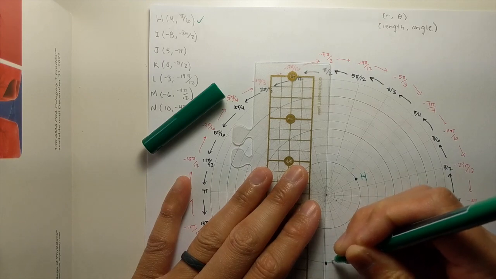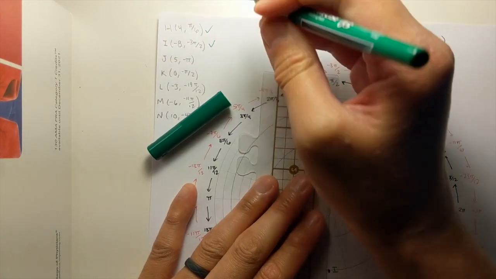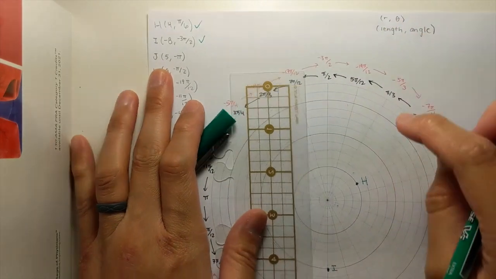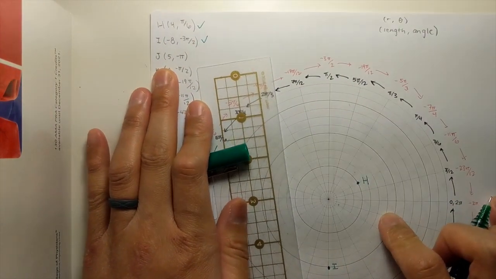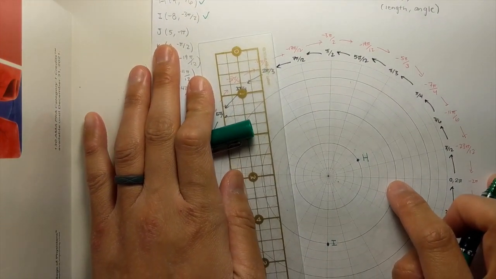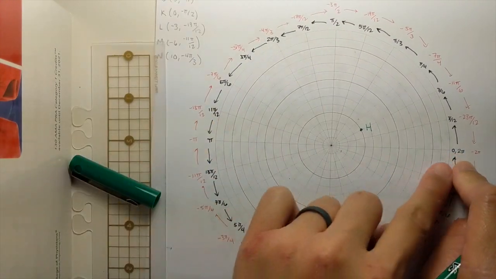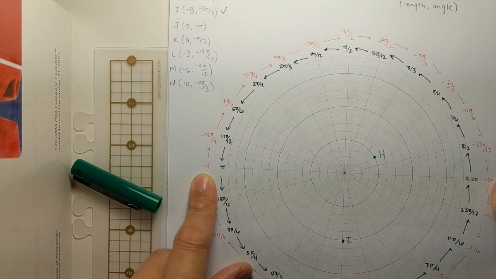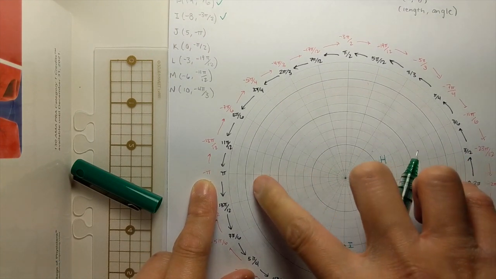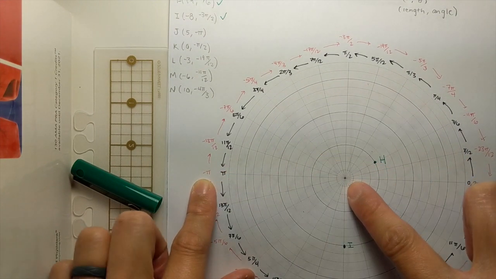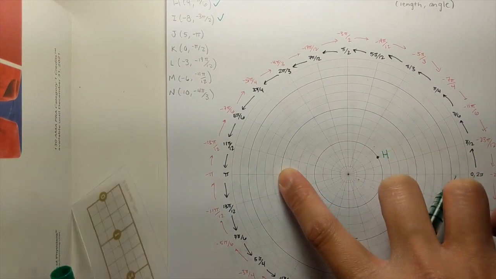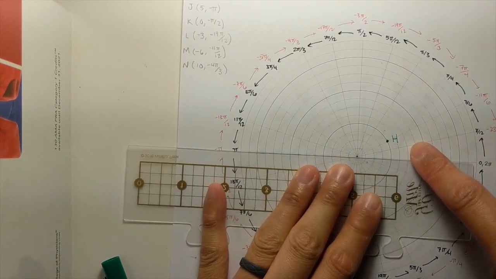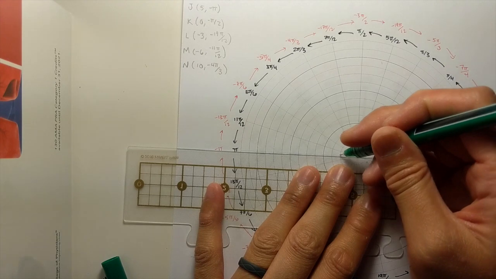And this is I. J. Oh, sorry, I. J is negative pi. So going down negative pi. And then it says to go towards that negative pi 5 units. So that would be considered positive. 1, 2, 3, 4, 5.